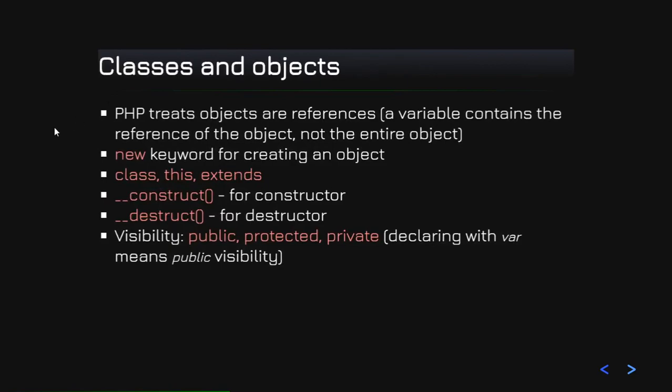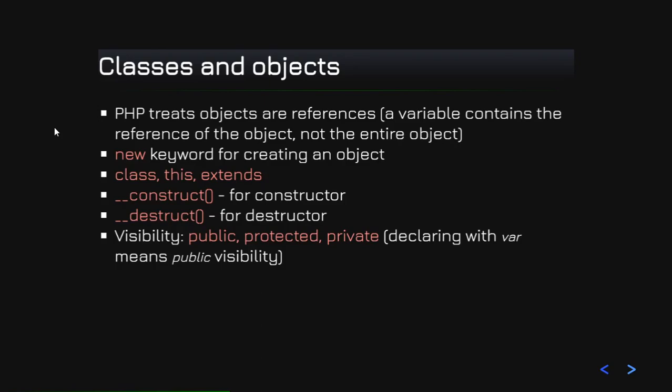Okay, PHP treats objects as references. You've seen that $this is a constant reference to the current object. So a variable contains the reference to an object, not the entire object. We have some reserved keywords: new for creating an object, just like in other object-oriented programming languages. Then class for declaring a class.